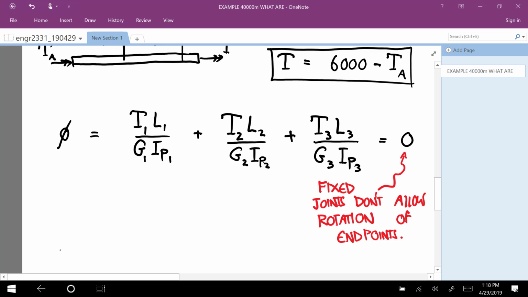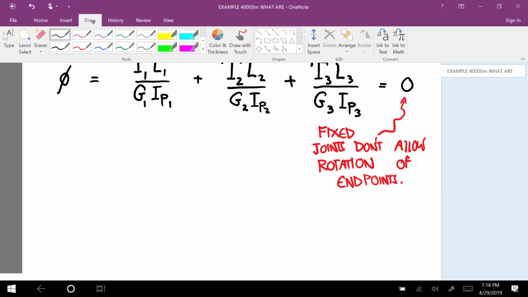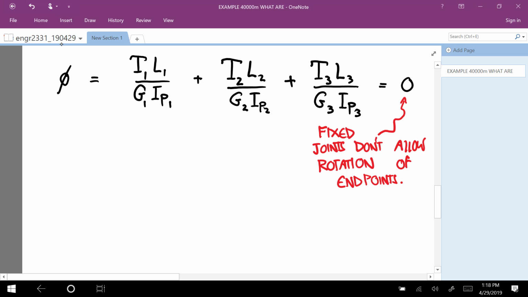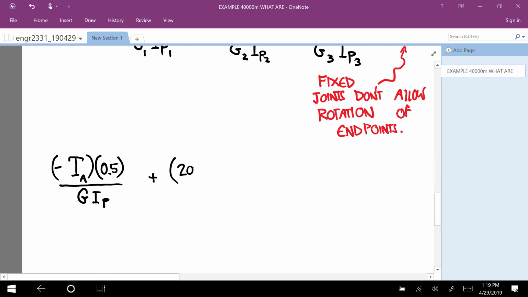Okay, so 0, if I rewrite this, we have negative TA, that's the internal torque on the first piece, times the length of the first piece, divided by G times polar moment of inertia, plus the internal torque on the second piece, 2000 minus TA, times the length of the second piece, divided by G times the polar moment of inertia for the second piece, but that's the same as the first one.